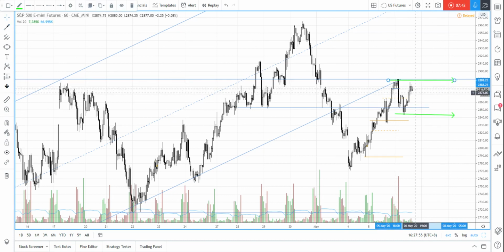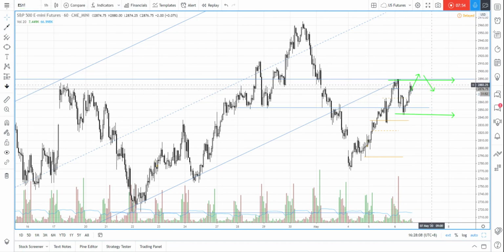I expect the price to spend some time around here and try to resolve itself, maybe do something like this, or maybe just swing up and then fail and go down a bit to test. Until it resolves out of this trading range, I'll probably maintain my neutral view.